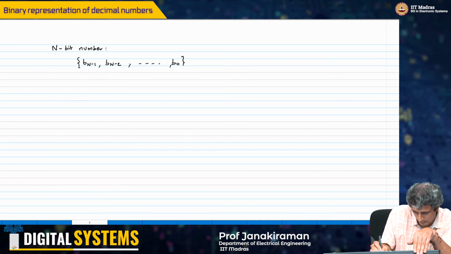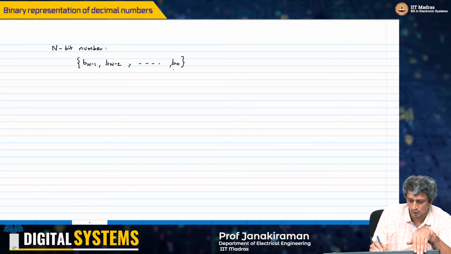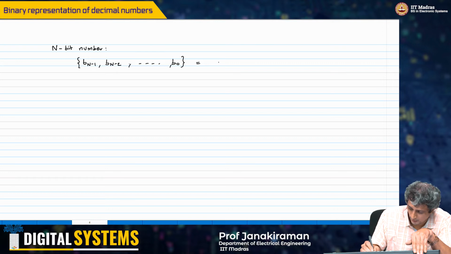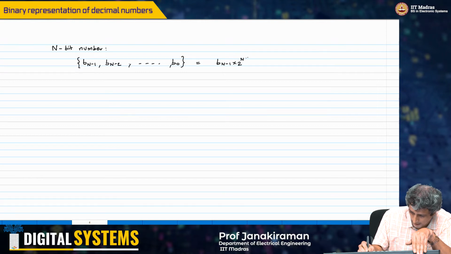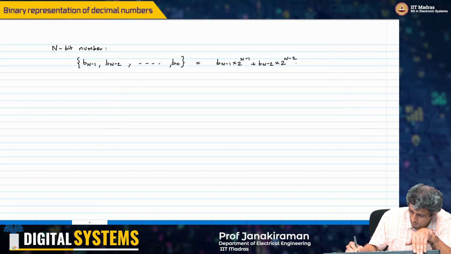Just some terminology. When I look at this representation, I am going to write this as bn minus 1 into 2 power n minus 1 plus bn minus 2 into 2 power n minus 2 plus so on, b0 into 2 power 0.